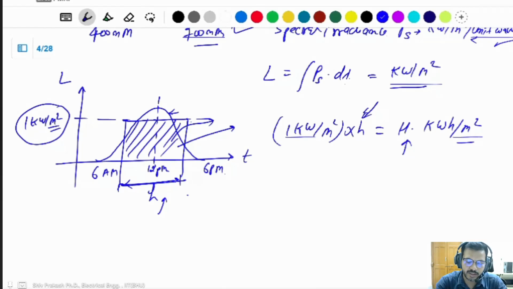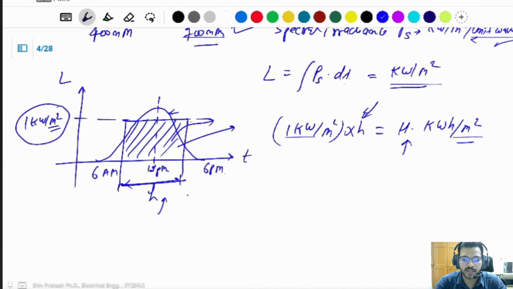The incidence angle, latitude, longitude, declination angle, and hour angle, meaning what is the time of day: 6 a.m. morning, or noon, or 2 p.m., like that.